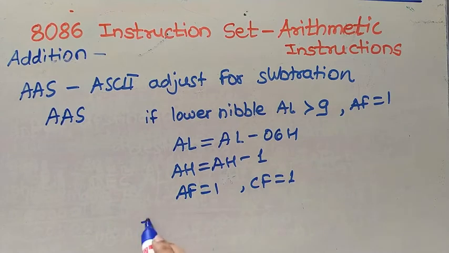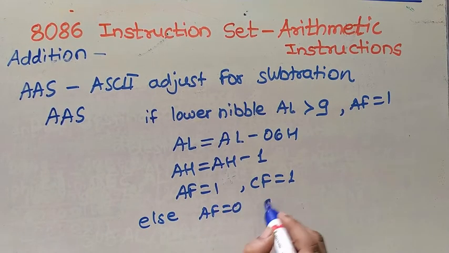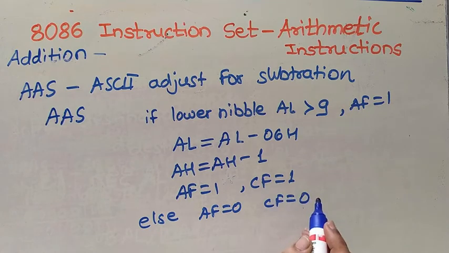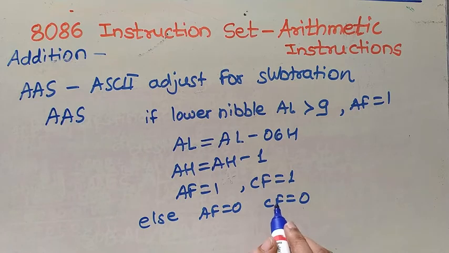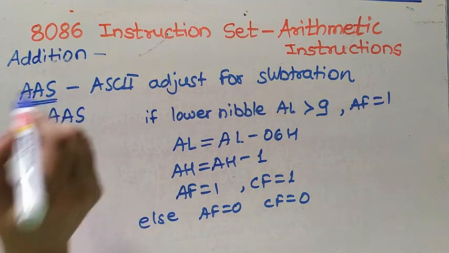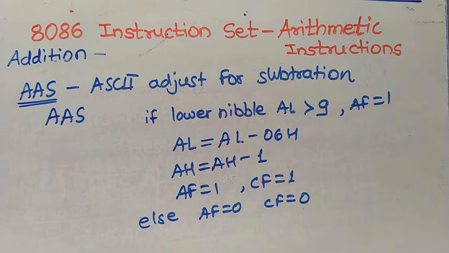Else AF will be 0 and CF will be 0. In both cases the high nibble of AL will be cleared. So this is AAS, like our AAA instruction for addition.